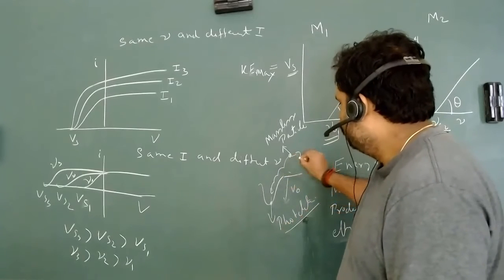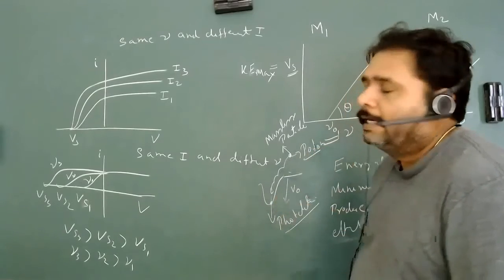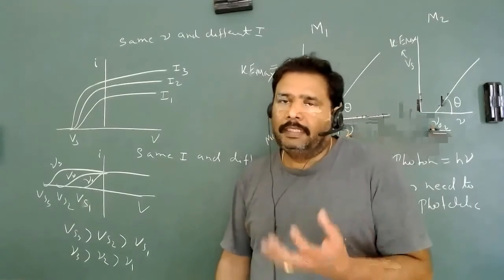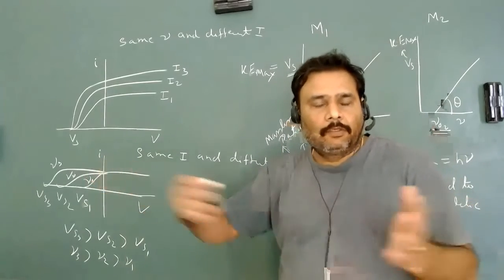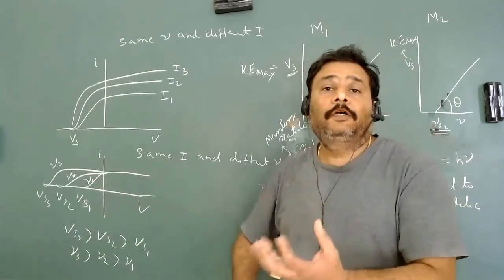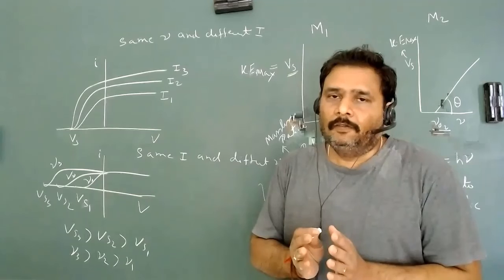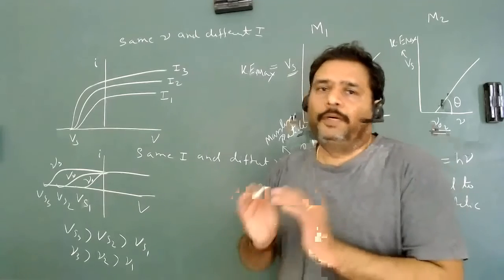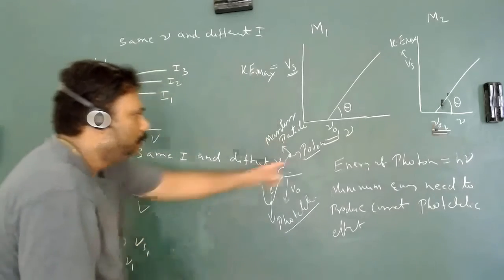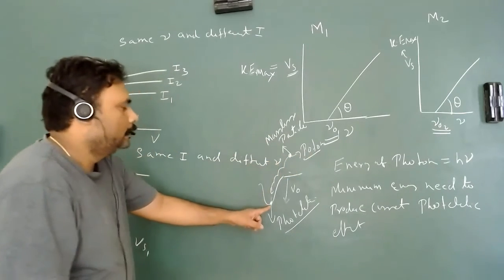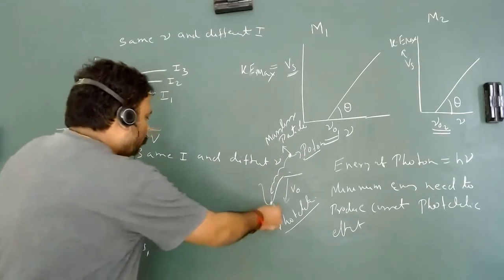So this is the photon and these are photoelectrons. The assumption is very simple: whatever photon comes to the electron, once it collides, the electron absorbs all the energy of the photon. So the total energy of the photon is the total energy of the electron.